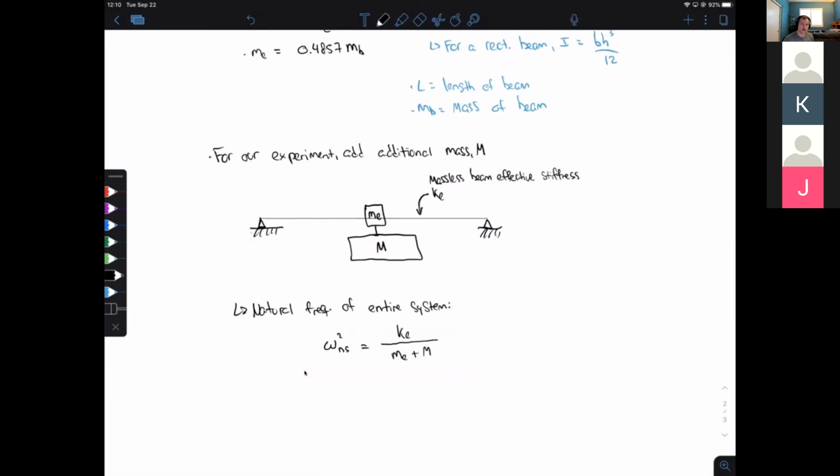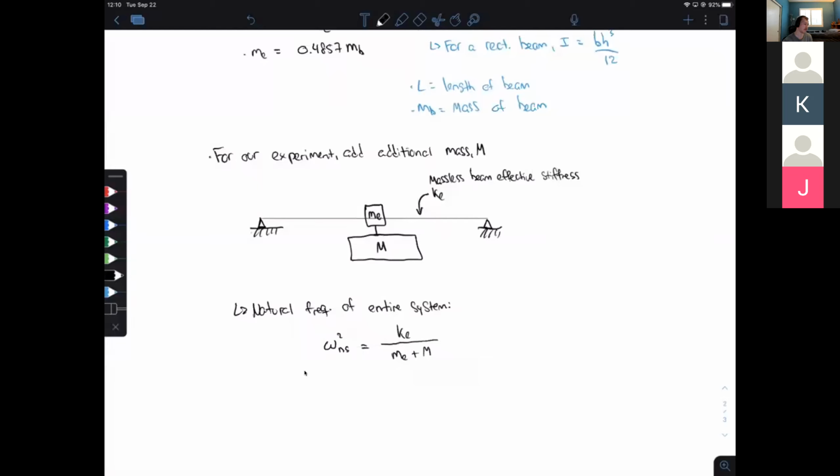This time I'm not writing out the square root, so that's why the left-hand side is squared. So omega sub ns is the natural frequency of our system with the added concentrated mass.